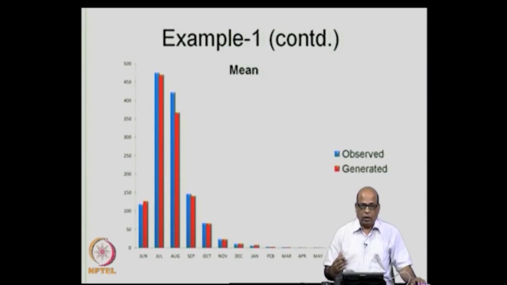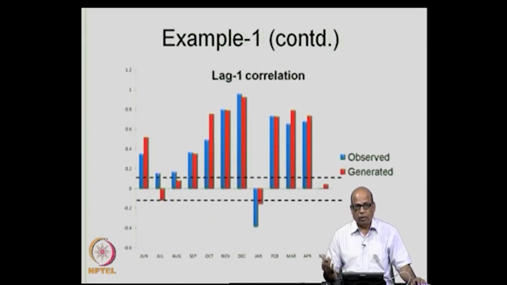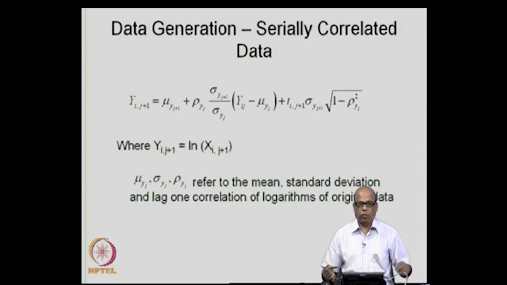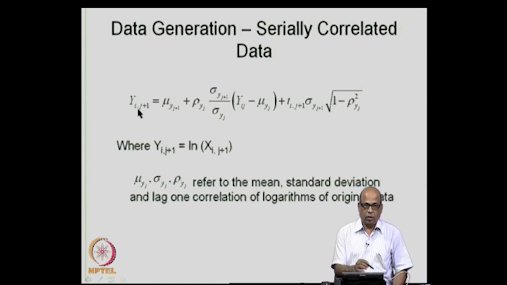Then what you must try is the logarithms of the flows. That means your original data may not be normally distributed, but it is possible that the logarithm of the flows may be normally distributed, which means that the flows can be approximated as log normal distributions. In which case, we write exactly the same model, but in terms of the logarithms of the flows.